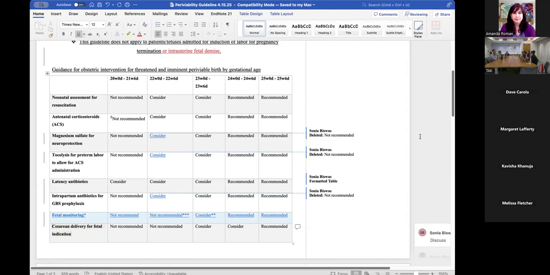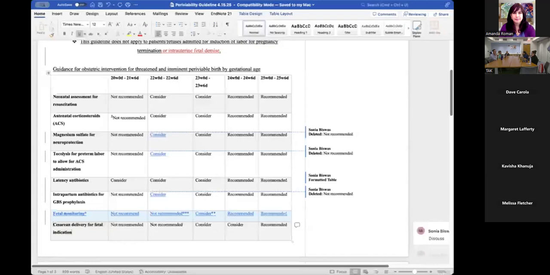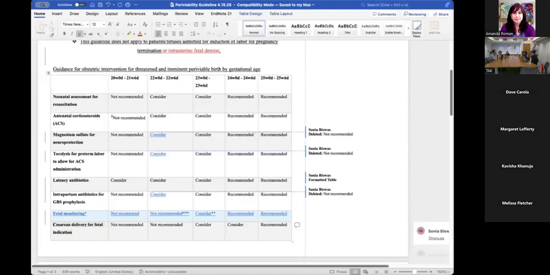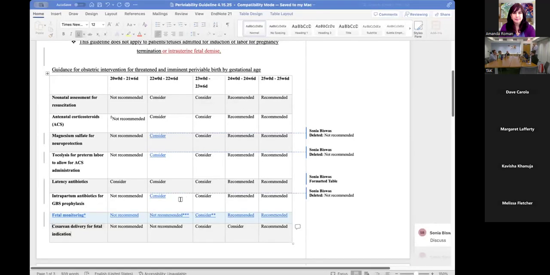Am I missing something? I think there is always newer data. Of course, I'm not aware of it and can't quote it, but what I keep thinking about, and I've told some of the fellows, but it's good to discuss it in the open, is that there are a few papers about OB willingness to perform a C-section and neonatal outcomes.